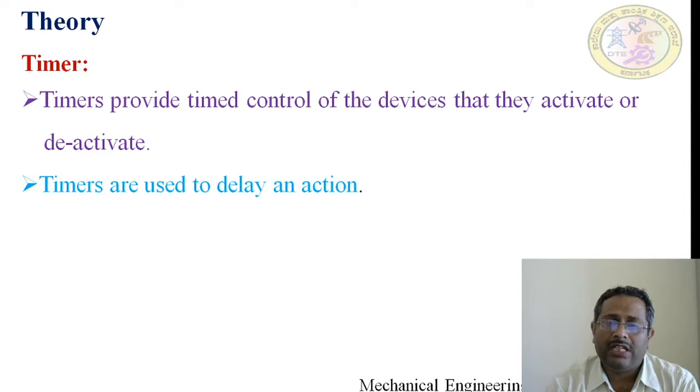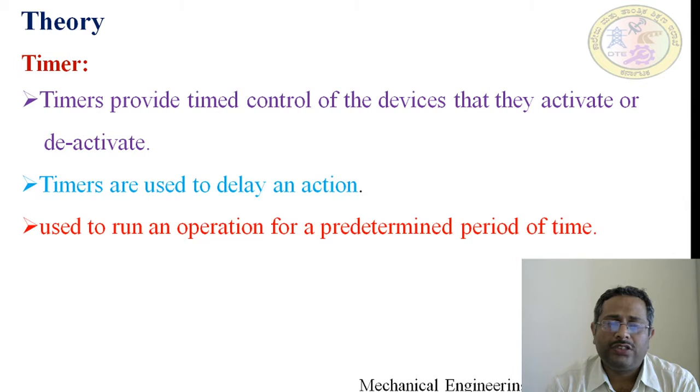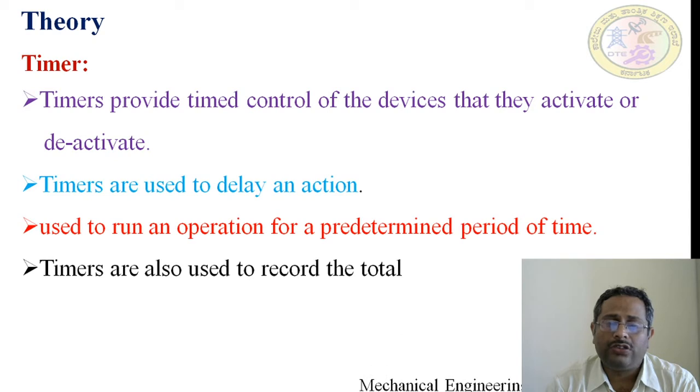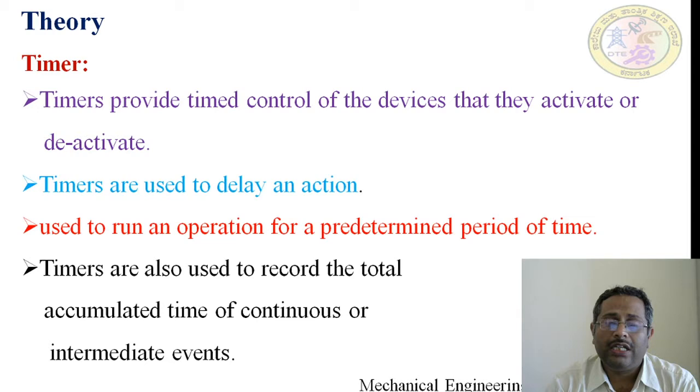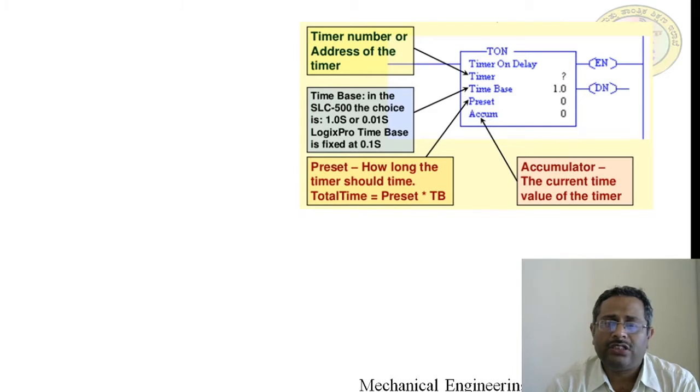Totally, it will delay an action after a preset time. Timers are used to run an operation for a predetermined period of time, and also to record the total accumulated time of continuous or intermittent events.